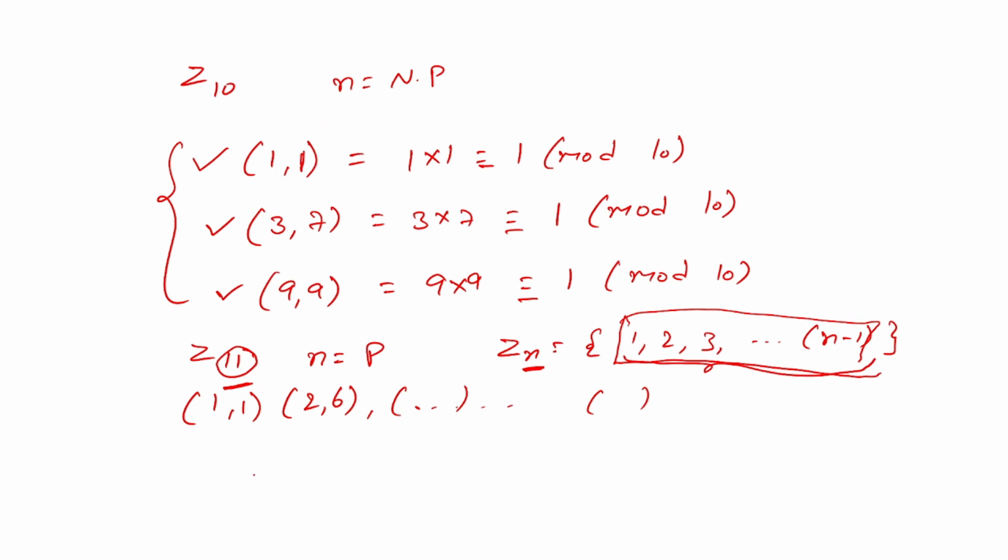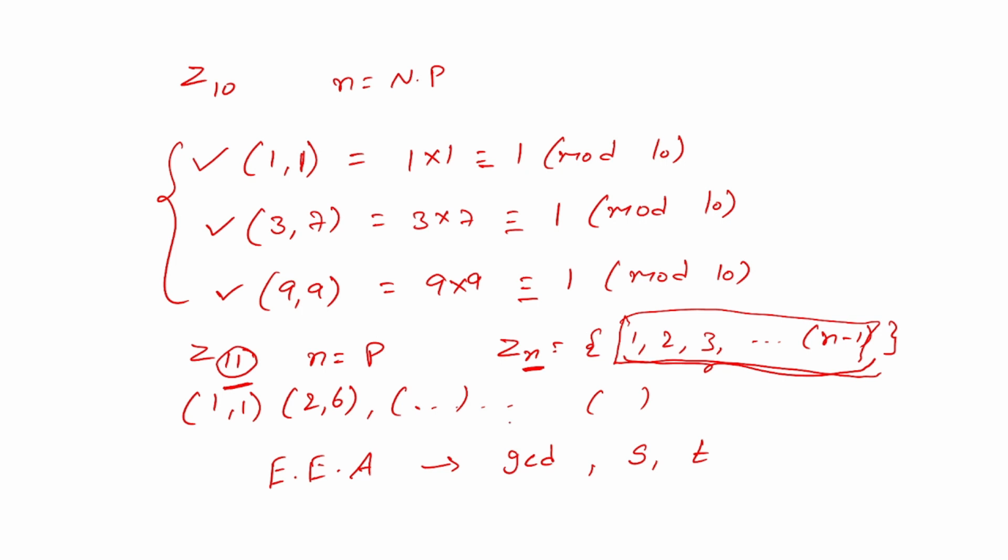So if you want to find the multiplicative inverse, you need to follow the extended Euclidean algorithm. In the extended Euclidean algorithm, we are finding GCD and t values. So how can you find the multiplicative inverse?